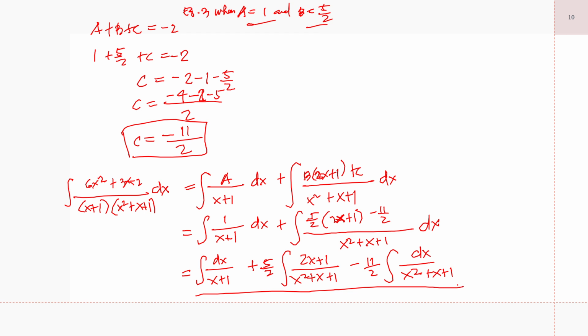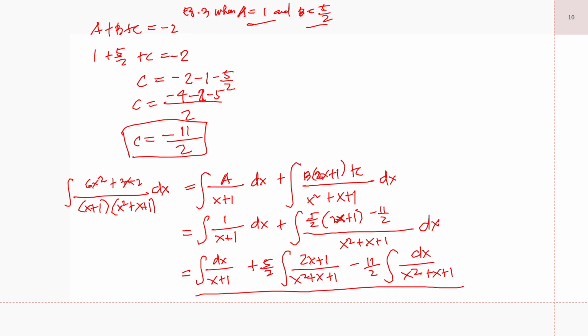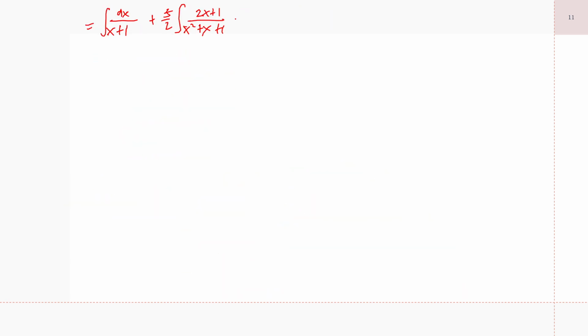Okay, we will copy this one to the next equation here, equals, copy, so integral of dx over x plus 1 plus 5 halves integral of 2x plus 1 over x squared plus x plus 1. Then minus 11 over 2 integral of dx over x squared plus x plus 1.